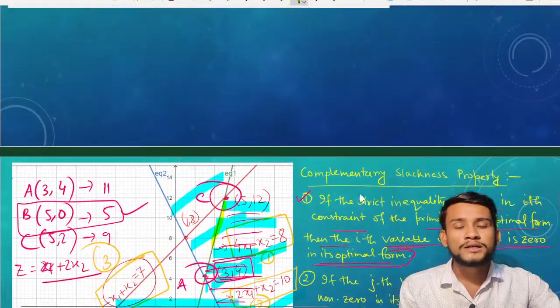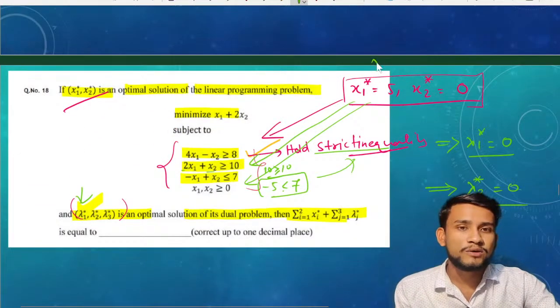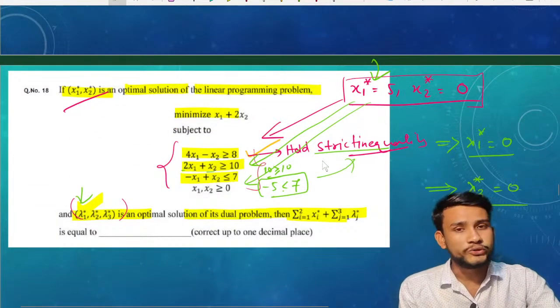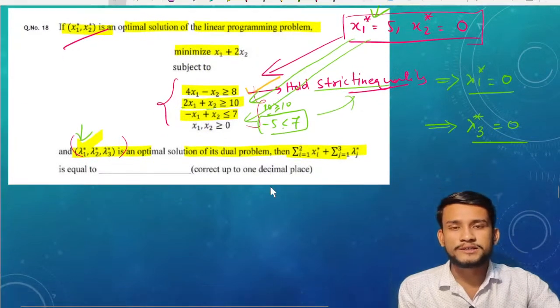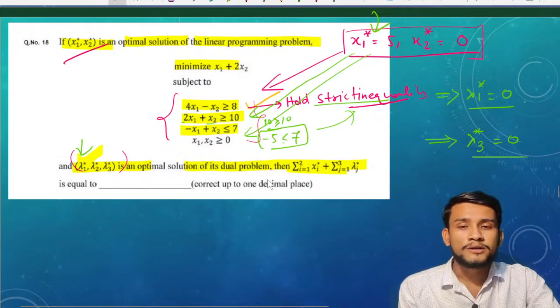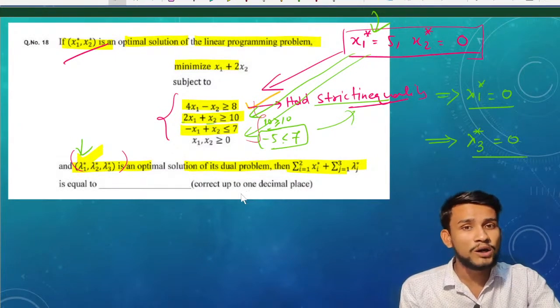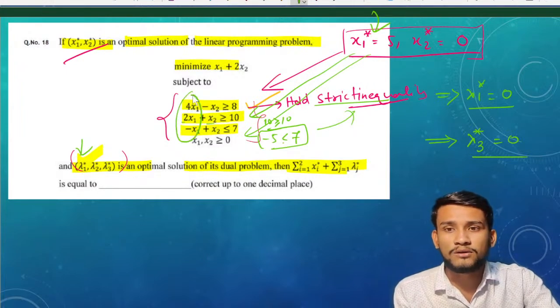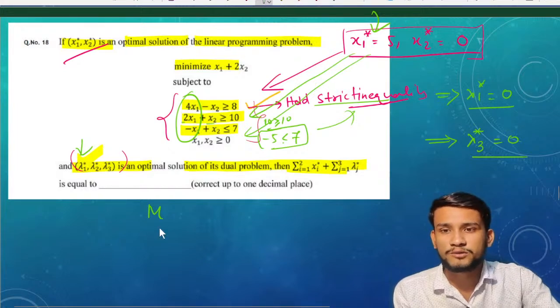That means we see this x1 star is non-zero, so in the dual form strict equality occurs in its first constraint. Suppose we write its dual first. The dual is a maximization problem.